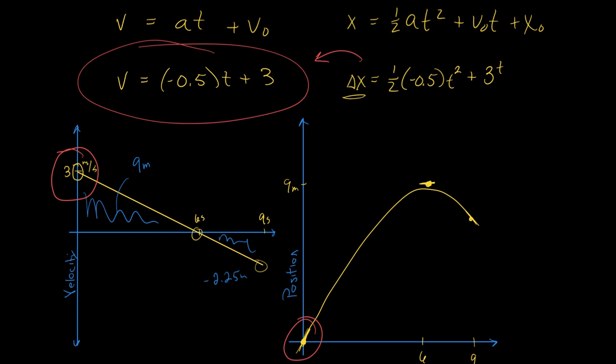Okay. So let me just throw a few things at you, okay? How about a question like, where is the object when the velocity is 0? Would you know what to do to get that answer? You see, I have a position function that's related to time.